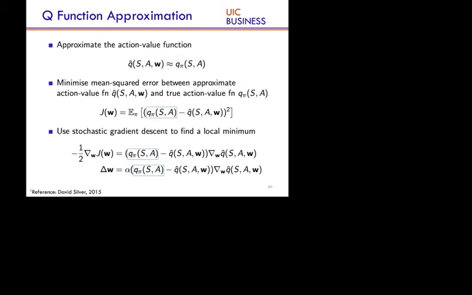So because we know the gradient, I can update the weights or the parameters. Let's say delta W is equal to W k plus 1 minus W k.